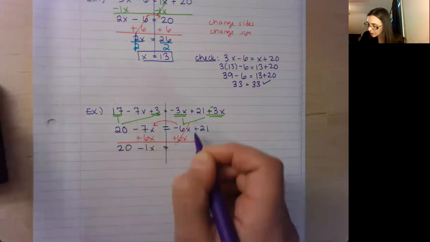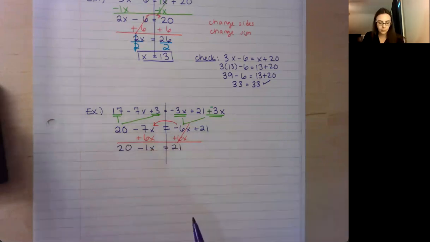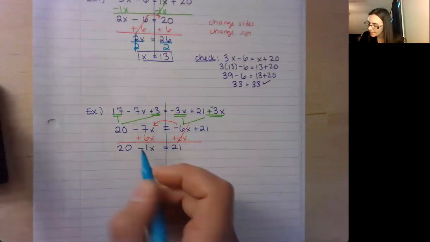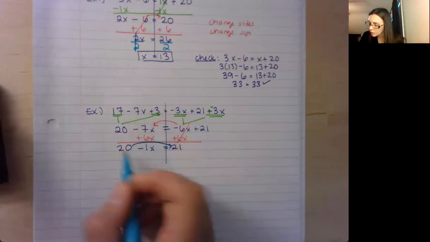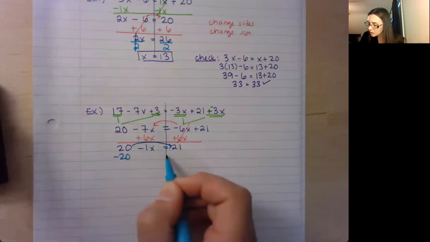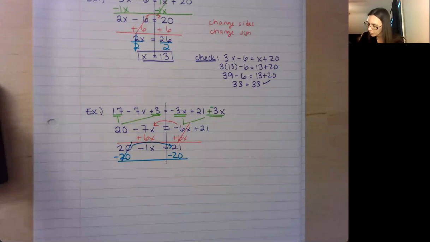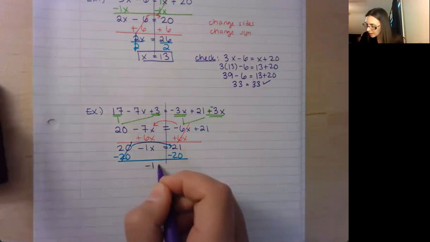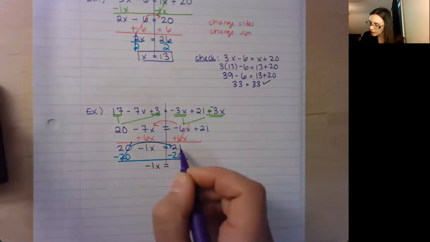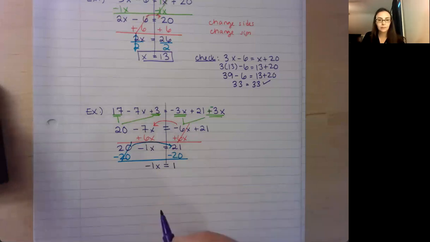And I have a positive 21. Now if my x's are on the left, my numbers are going to go on the right. Positive 20 becomes a negative or a minus 20. So I have negative 1x is equal to 21 minus 20 is positive 1.